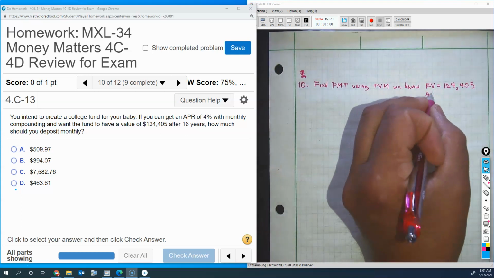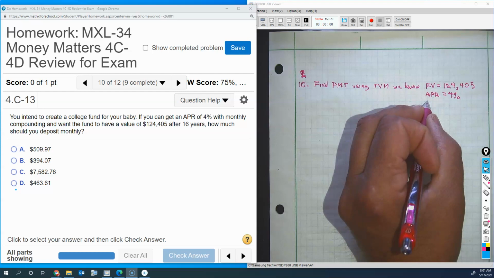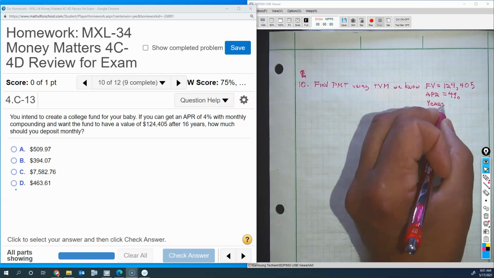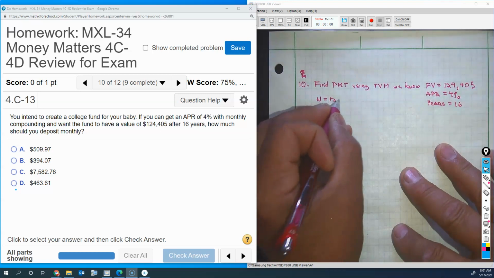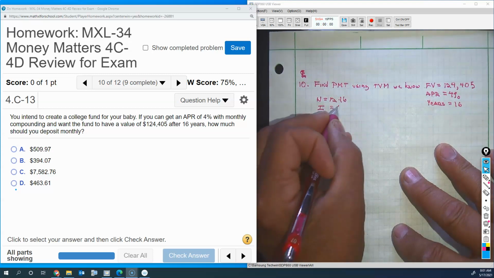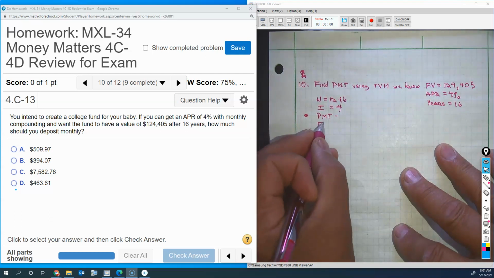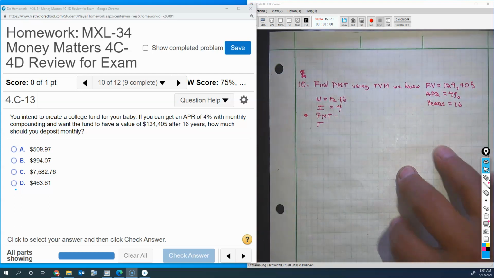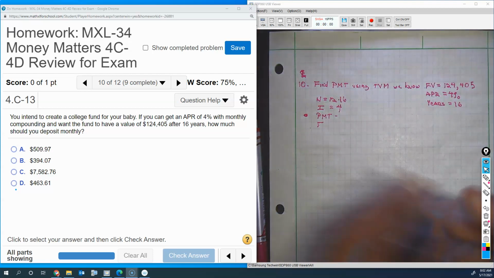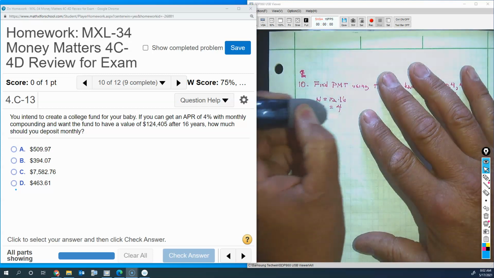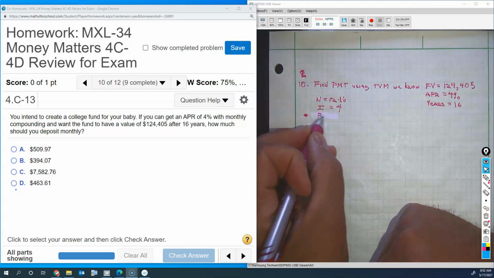APR 4%, and this is going to be for 16 years. So this is 12 times 16. We don't know present value.